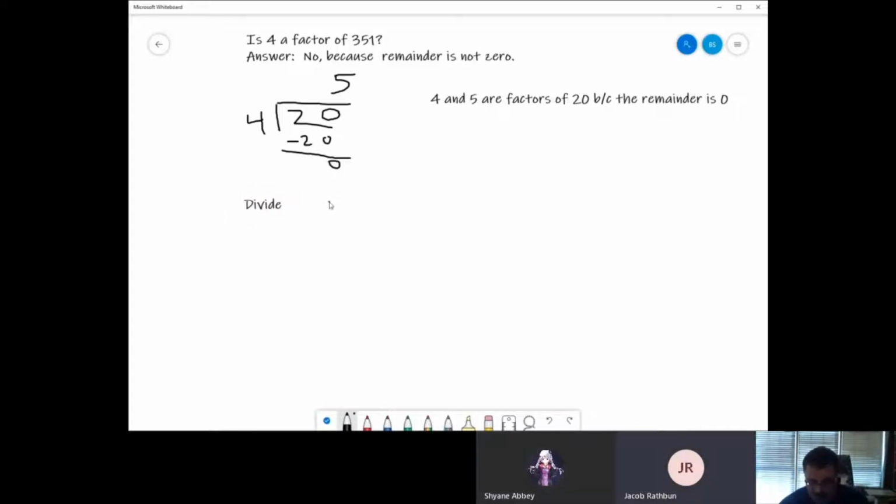All right. How about x squared plus 2x minus 24 divided by x plus 6. So who goes in the box?